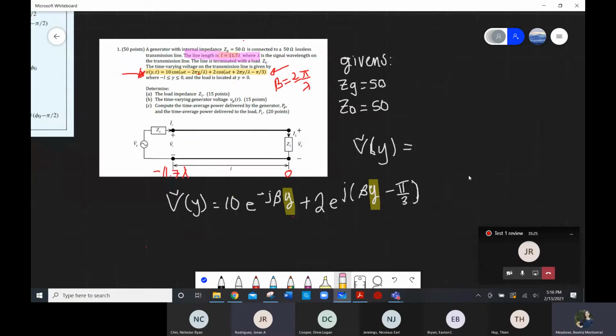Now also, does anybody know the actual equation, without numbers, that Dr. Twacha derived in class? How does the voltage at any location in phasor look? Does anybody know what this term is, or what this term is? V0 plus and V0 minus. Exactly. Awesome job. So the actual equation is right here.